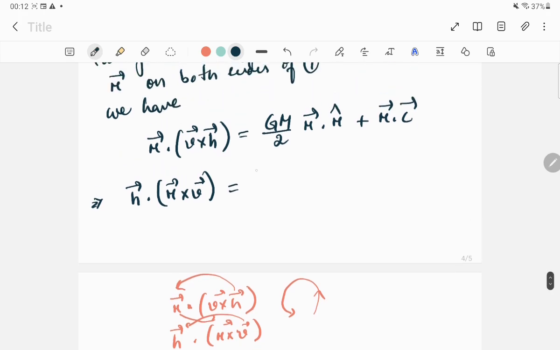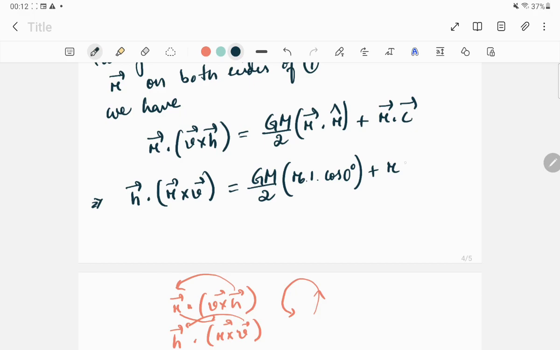Again, this is GM by 2, fine. So this is again a dot product. Dot product means modulus of r vector, which is r, modulus of r cap vector is 1, and cos theta. Obviously, the angle between r vector and r cap will be cos 0 degree.